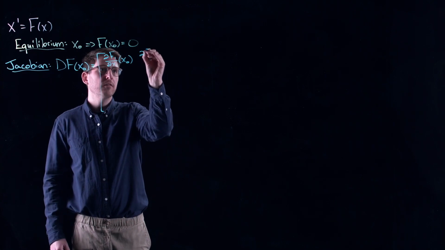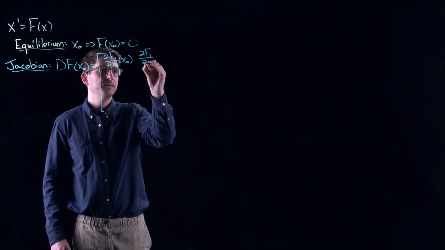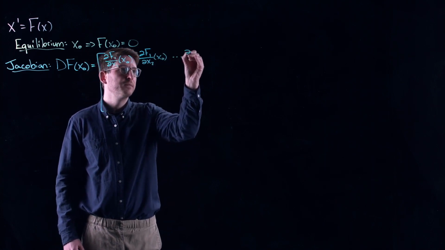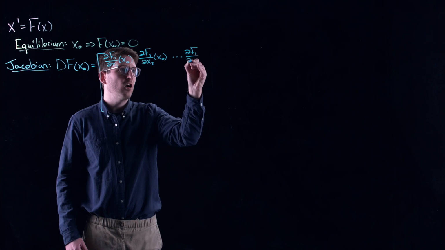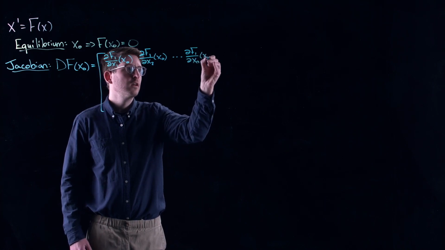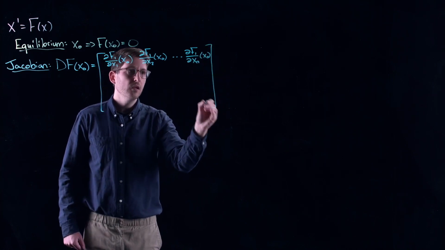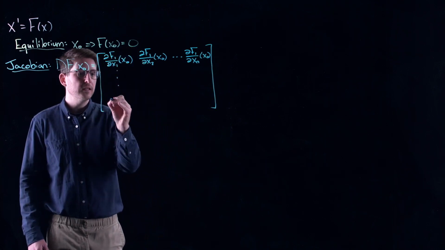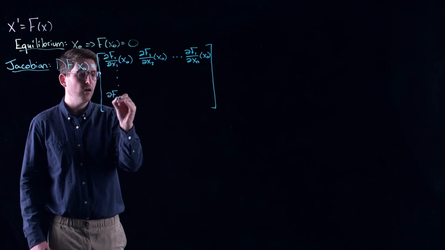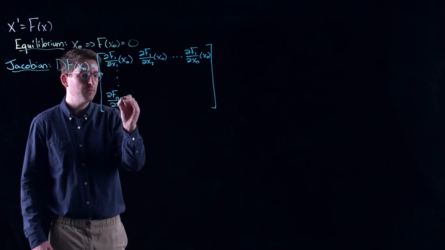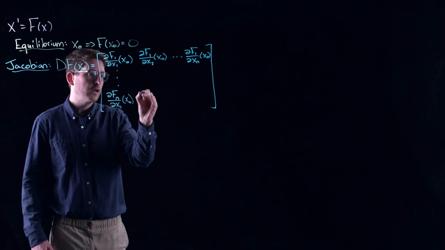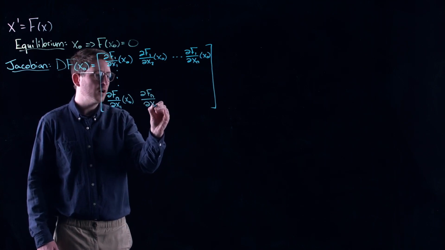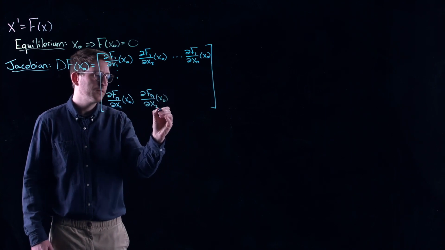Similarly, do the same thing for the next variable. So it's a vector of gradients across the top, all of the possible gradients of the first component of f. Then you repeat this with a vector of gradients all the way down to the last component of f. Now I get this nice matrix of all the possible partial derivatives of f.